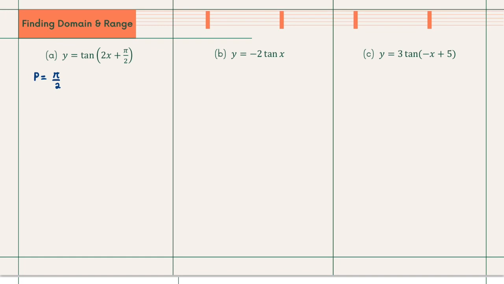And then kat sini, dia punya vertical asymptote will be negative pi over 2 less than 2x plus pi over 2 less than pi over 2. So, first of all, kita akan tolakkan semua pi dengan negative pi over 2. So, I get negative pi less than 2x less than 0. Kemudian bahagikan pula dengan 2. So, we have negative pi over 2 less than x and less than 0.